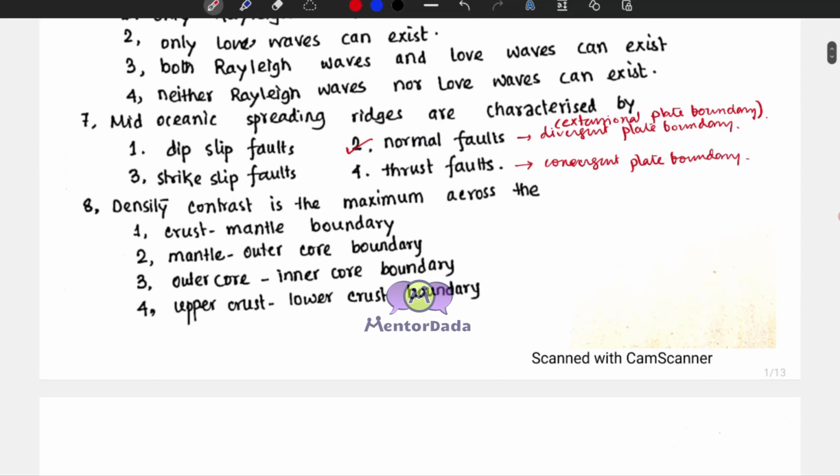Next, look, why dip slip fault will not be your correct answer. A dip slip fault can be a normal fault, can be a reverse fault, so it does not signify any specific type of plate boundary.